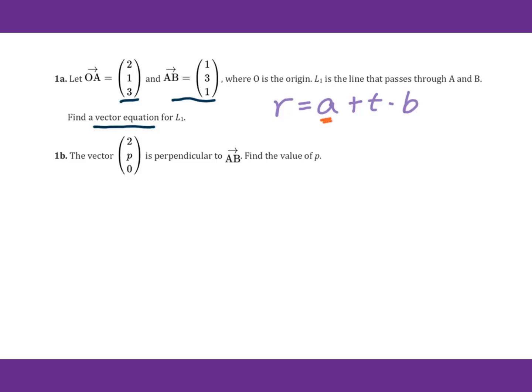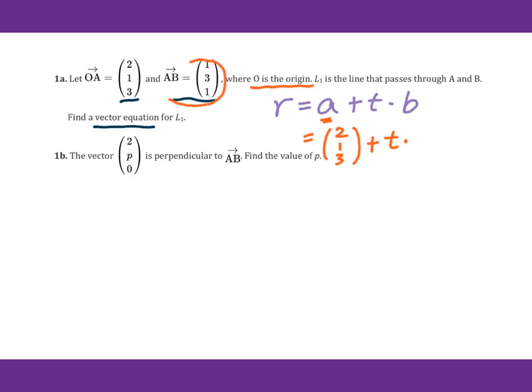This a will be the coordinates for the point on the line, or you could say that's a position vector. Since O is the origin, OA will be the position vector. You have 2, 1, 3 plus t times b, where b stands for the direction vector.